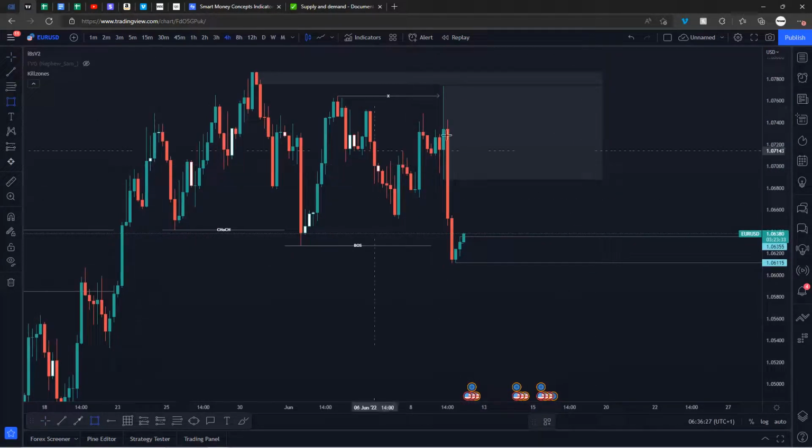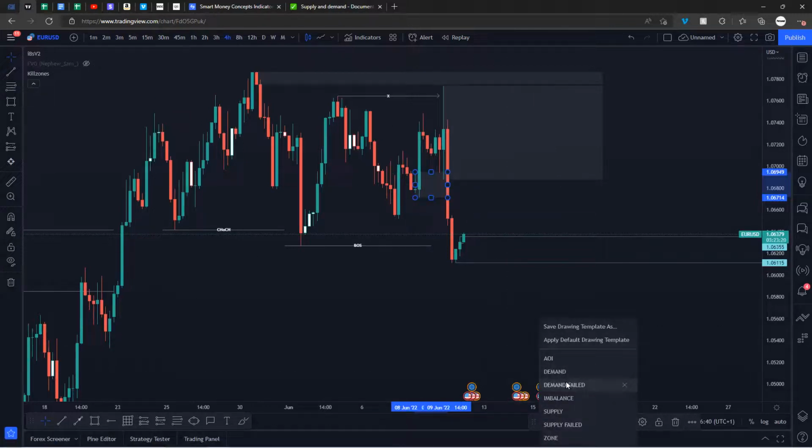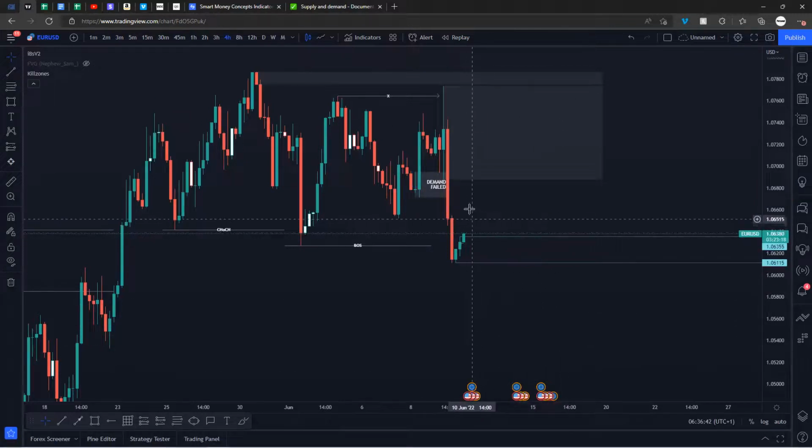And in terms of supply side, we can see that we had our flip zone here where demand failed, and we could potentially be looking to get up to there and then potentially move lower. So we'll have to see that.